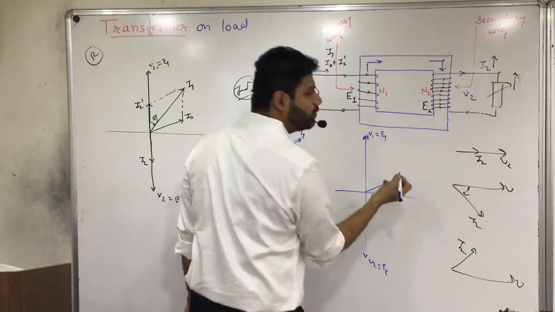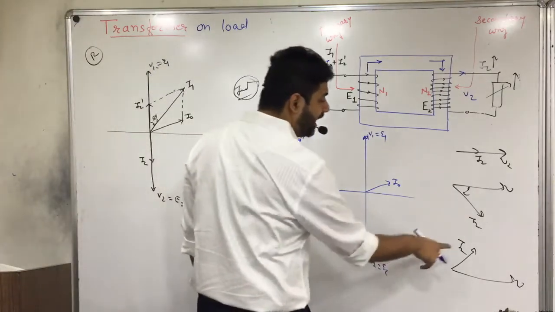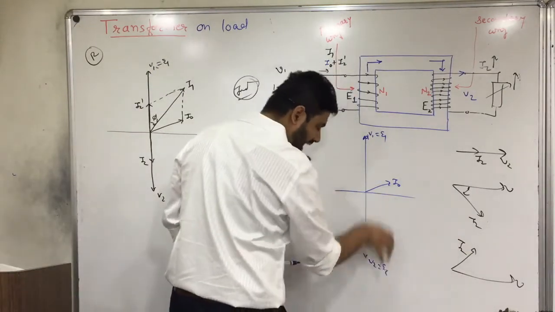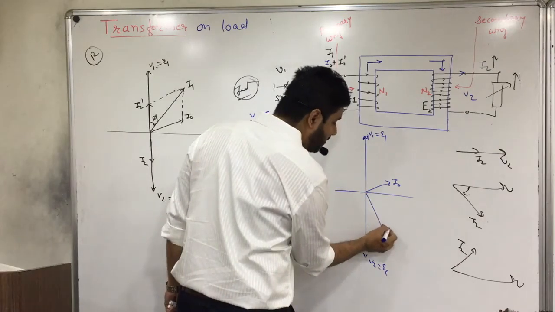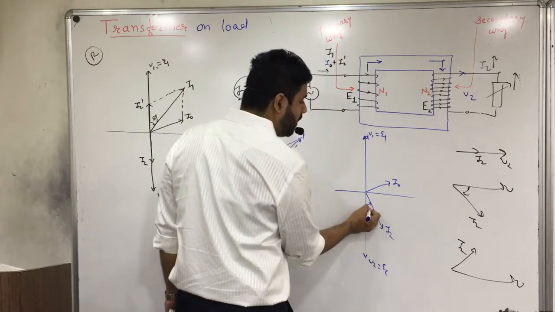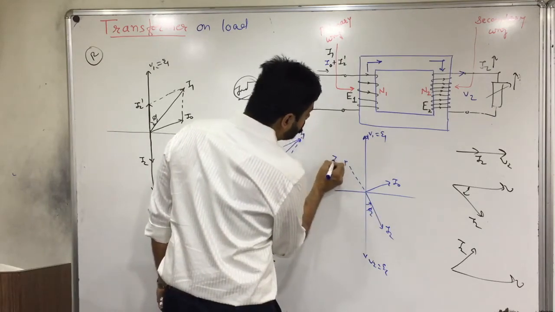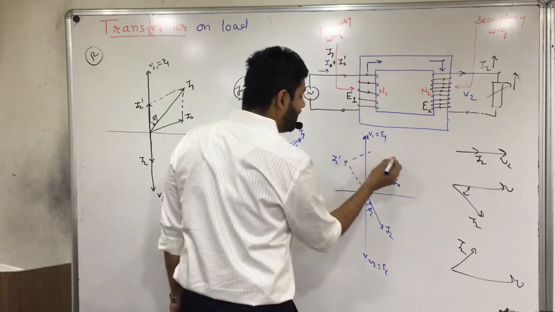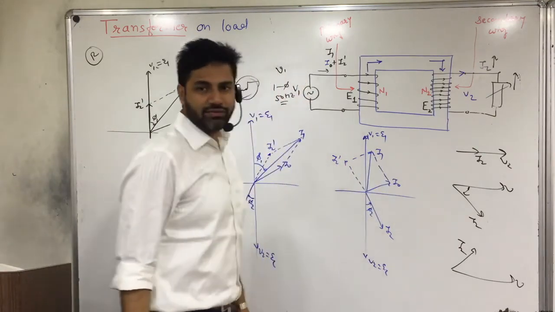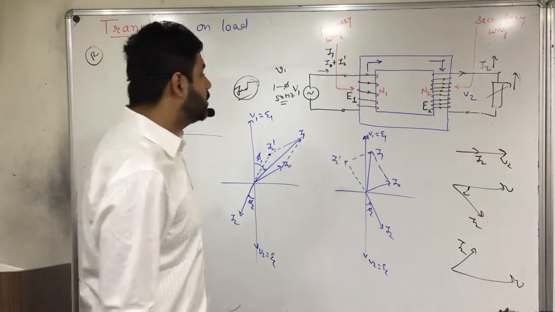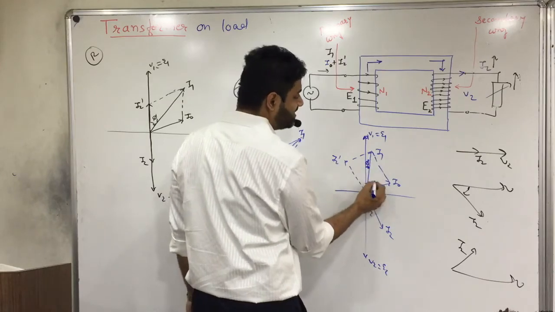I0 is as it is, that is fixed, there is no change in it. Fine. Now for I2, look, I rotated this 90 degrees downward, so we can say this is where I will have my I2, and this is my power factor angle phi 2. So that's why I'll have my I2 dash like this, and then I'll have my I1 this way. Is it clear? Any doubt on this? Fine. So this is my phi 1, and this is my phi 0.